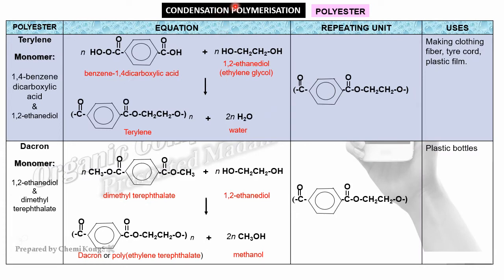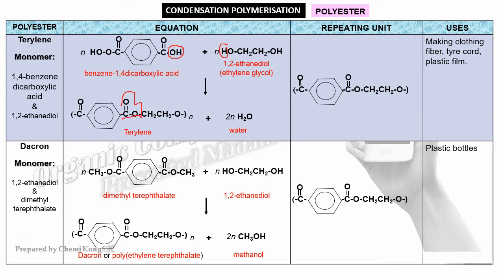The second part for condensation polymerization is polyester. There are two examples, terylene and dacron. Terylene is formed from the monomers 1,4-benzene dicarboxylic acid and 1,2-ethanediol. It will eliminate OH from the carboxylic acid and hydrogen from the alcohol, and then the C double bond O with the O, so an ester will form.